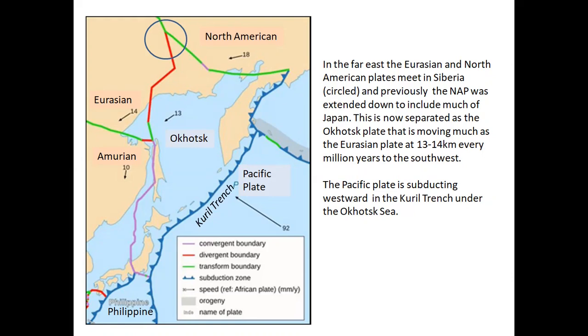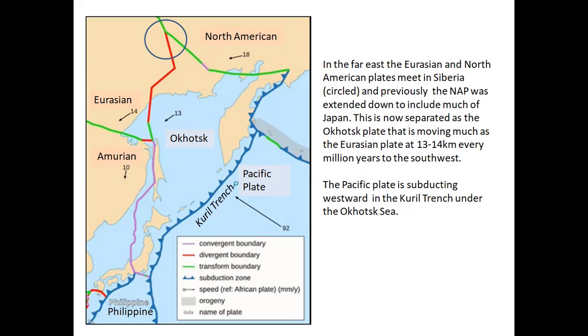The section of ocean east of the Kamchatka Peninsula is North American Plate, and it's being subducted by the Pacific Plate in the bottom right, even though that's moving northwestward at 92 millimetres a year in the Kuril Trench under the Okhotsk Plate. So there's quite a twist on the directions of movement there.